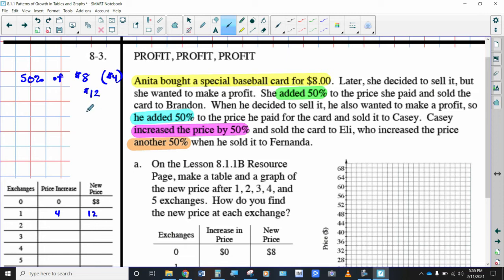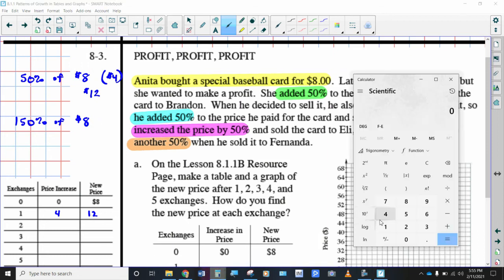But we can also use this idea. If we just take 150% of $8, this incorporates the $8, the 100%, plus the additional 50% that got added on. So if I find out 150% of 8, I should get the $12 again. Let's do that on the calculator.